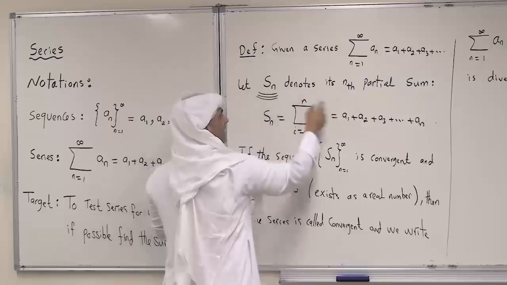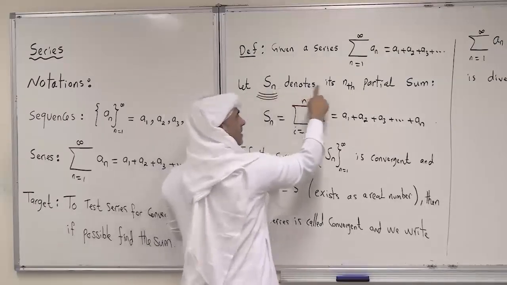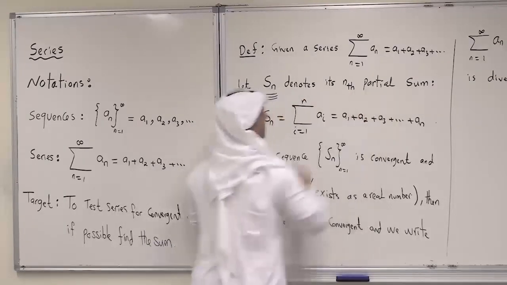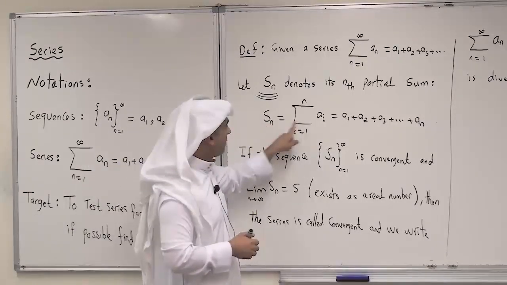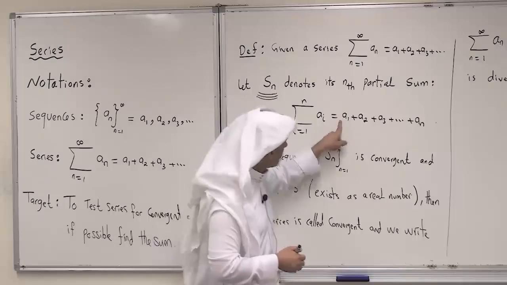So what is Sn? Let Sn denote its nth partial sum. What do you mean by nth partial sum? Sn is equal to the summation of the first n elements.